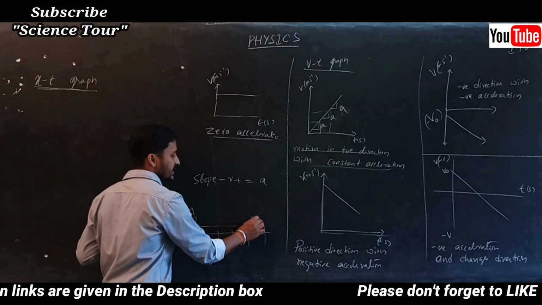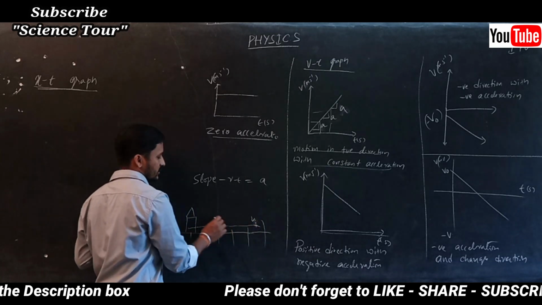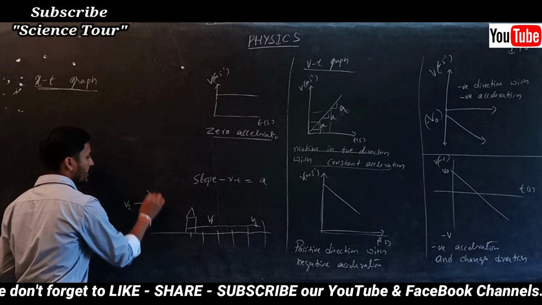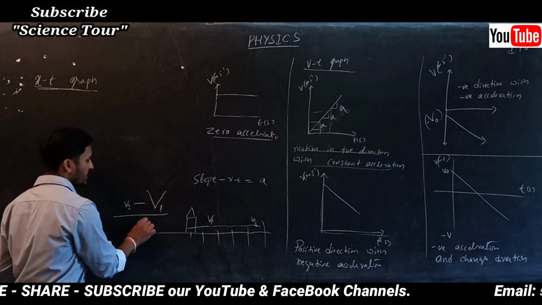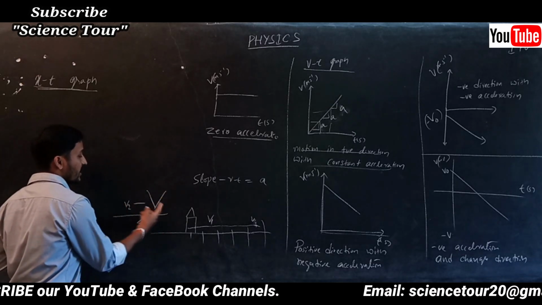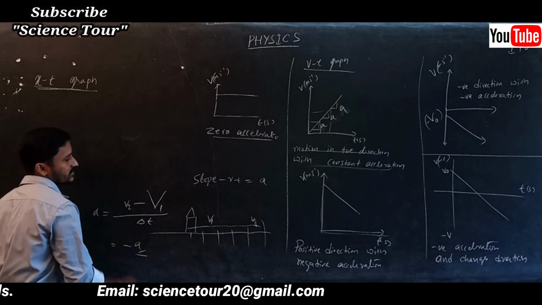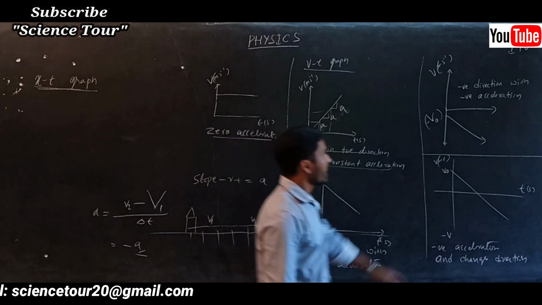This is the less final velocity, this is more. So you are going to get less minus more divided by delta t, and less minus more is nothing but negative acceleration, no?